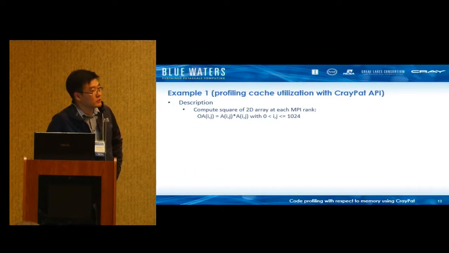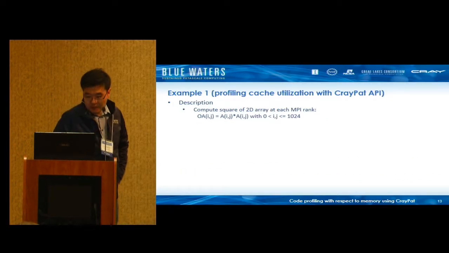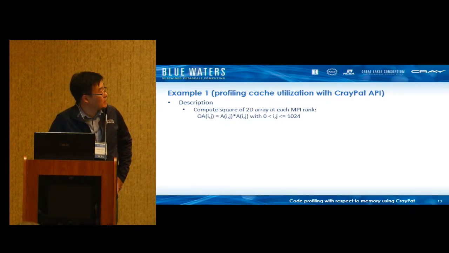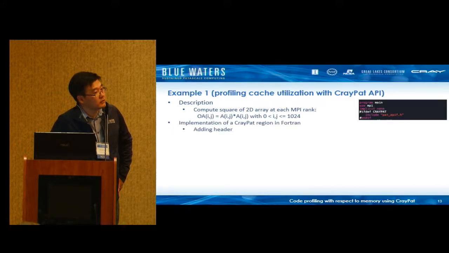Okay, so I will show you two very simple examples of how to use CrayPat. The first example is a toy problem. I just want to compute the square of a 2D array in Fortran. For that, first of all, I added the headers for Fortran in my source code with the Cray compiler macro.